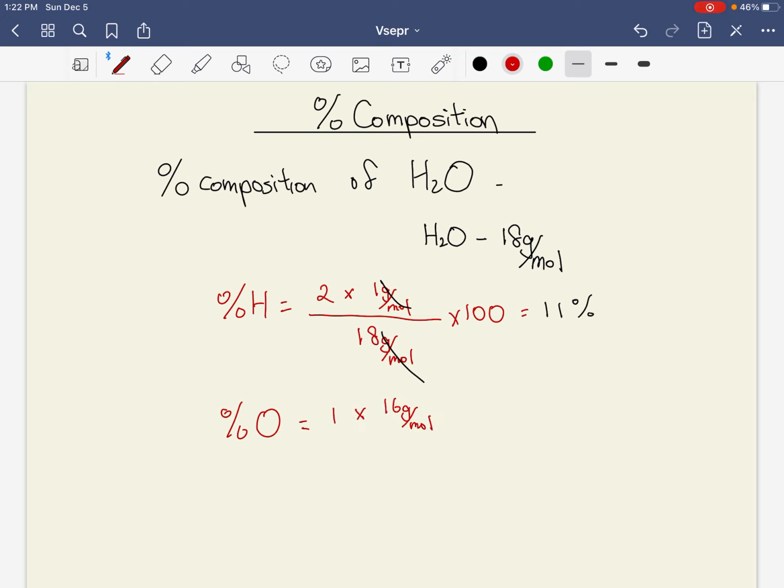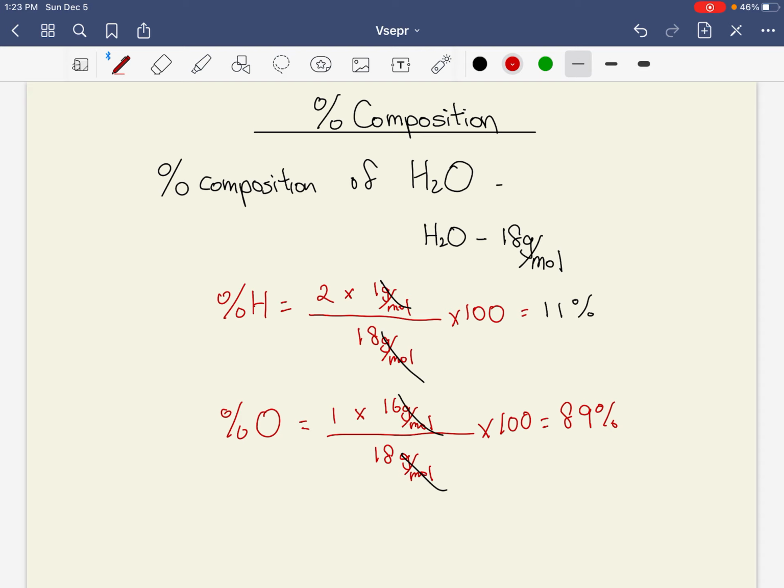You don't really even have to indicate that one. Out of 18 grams per mole, which is the molar mass of water, grams per mole and grams per mole cancel. You multiply this by 100. If you put 16 divided by 18 times 100 in your calculator, you are going to get 89%.